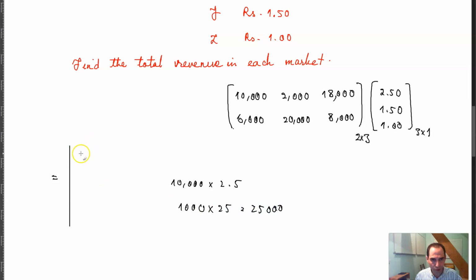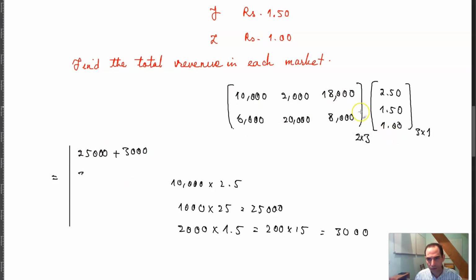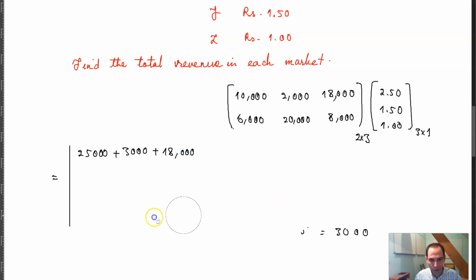So this would give me a 25,000. Then you have basically 2,000 times 1.5, which is basically 200 times 15. 2 times 15 is equal to 30, and you have 2 zeros, that's 3,000. And then you have 18,000 times 1, which is equal to 18,000. Right? So that is the first part here.